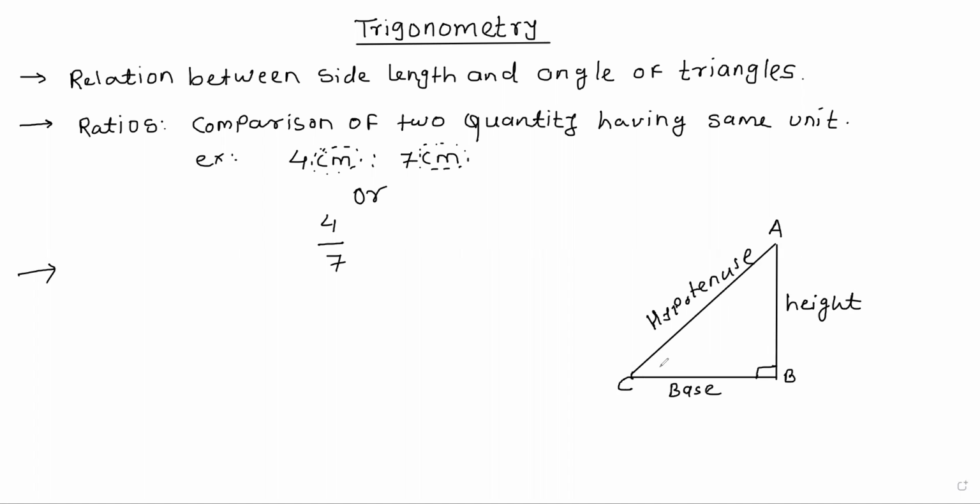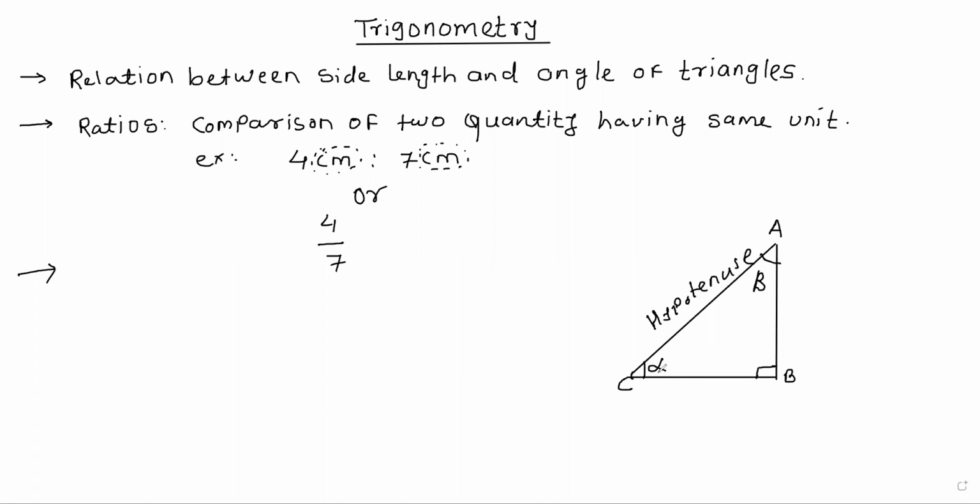After this, if we consider the angles of this triangle, this is 90 degrees, and the other two angles we don't know. For the moment, consider this one as angle alpha and this one as angle beta. Now let's redefine these sides according to their position with respect to the angle.